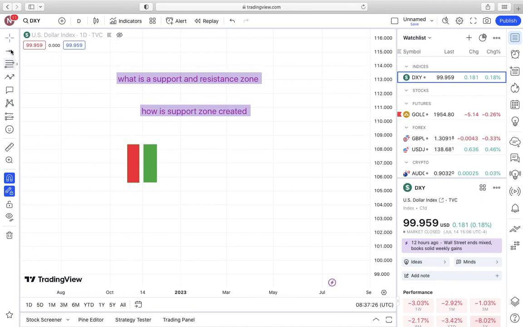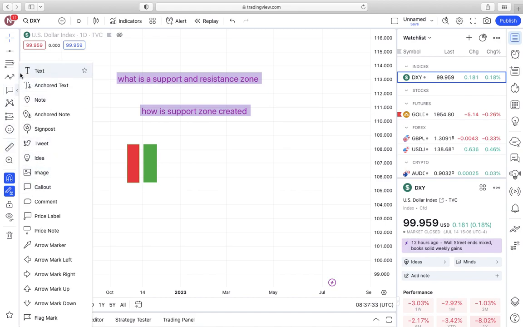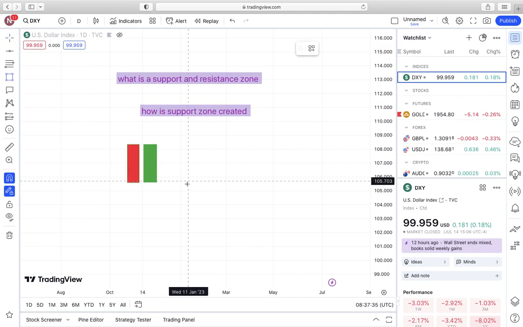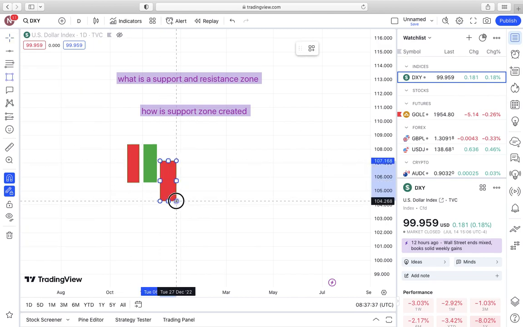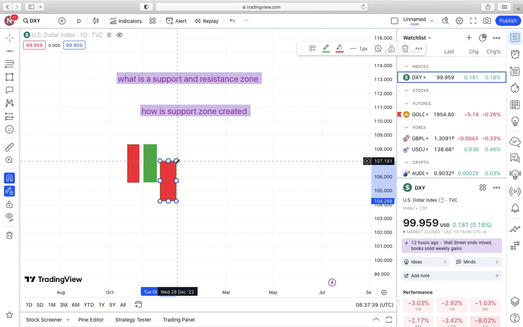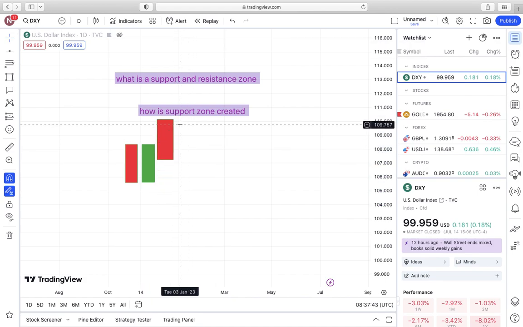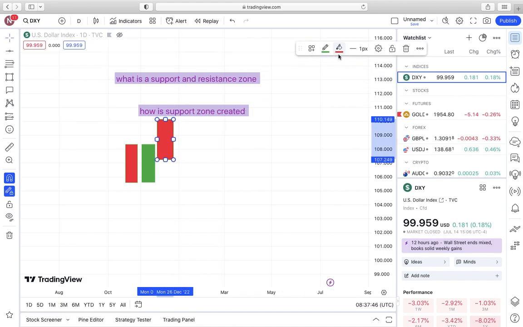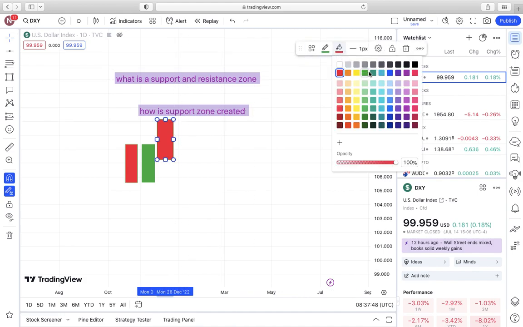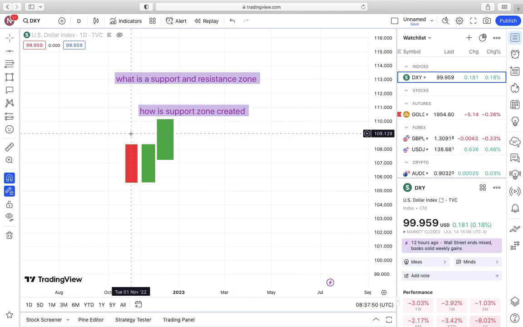I had said that when a support zone is created, it is actualized when you get another bearish candle formed, which is engulfing the previous candle.